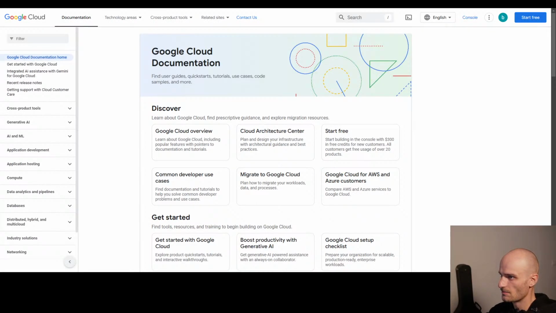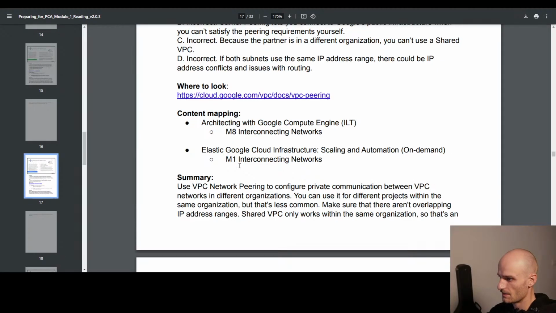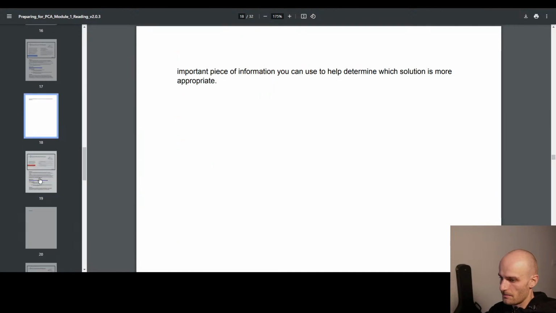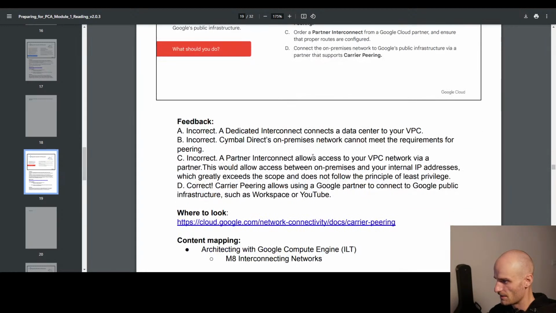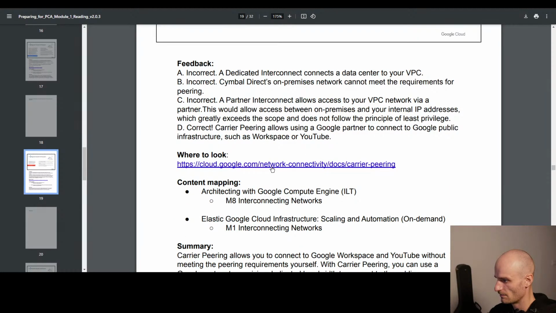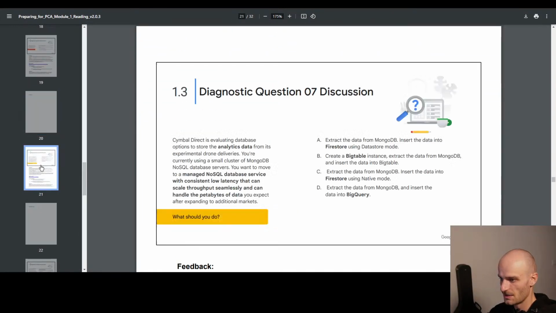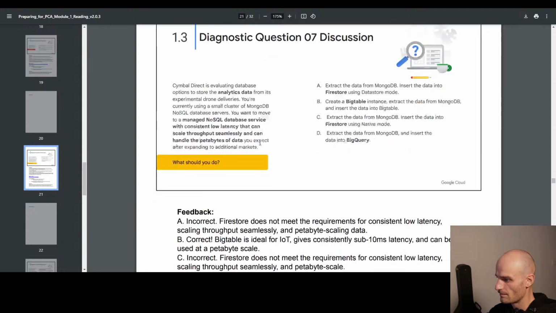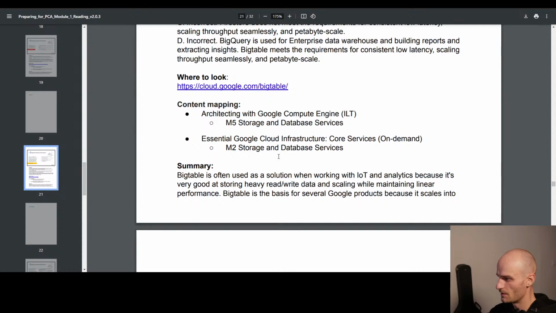And let's go. Here I have it. Okay, so this was another question about interconnecting services, network connectivity, architecting and elastic. Okay, so these are the modules I need. Yeah, this was simple.